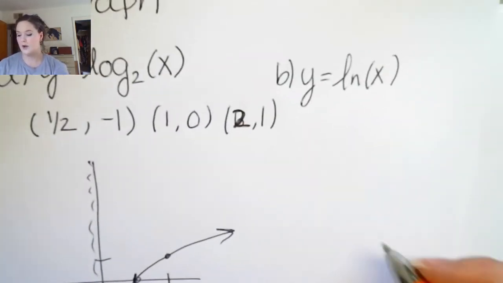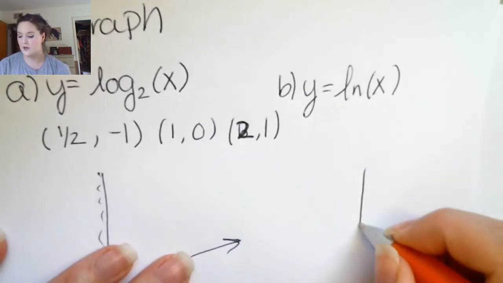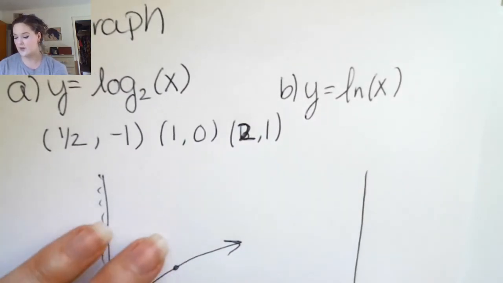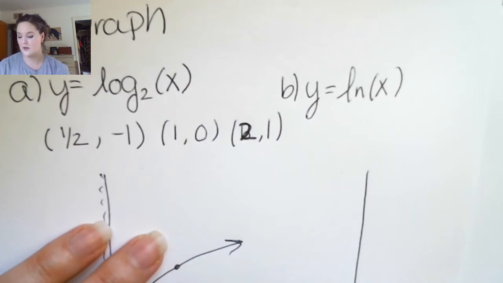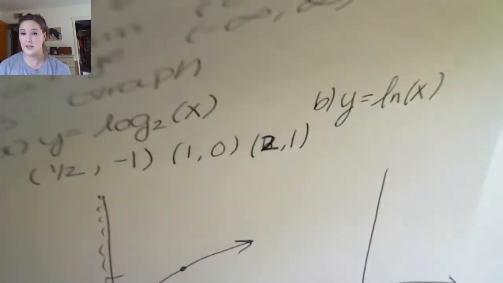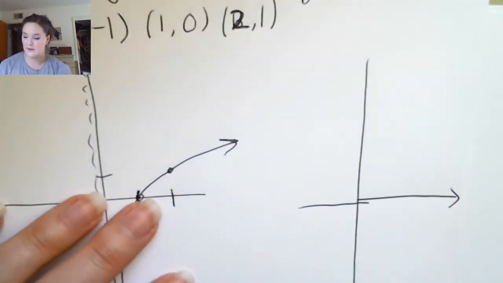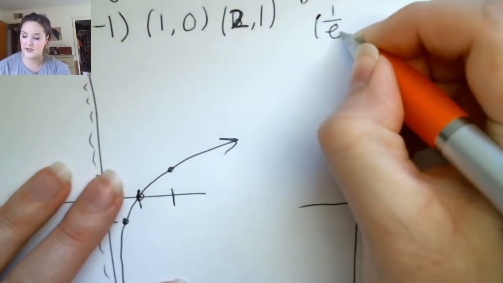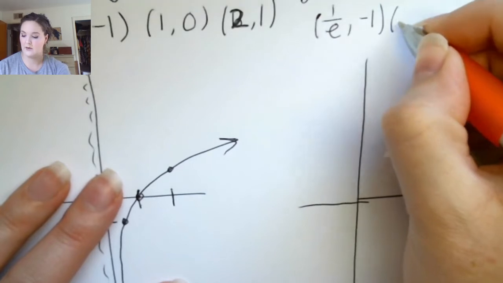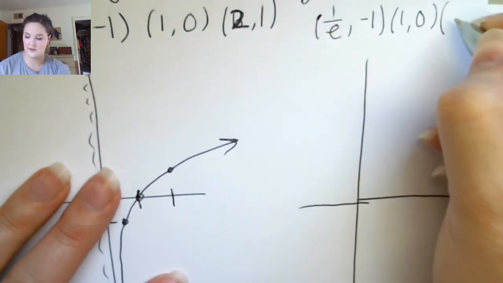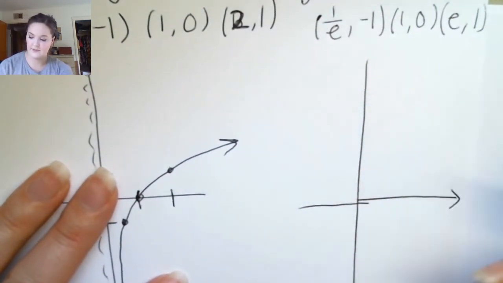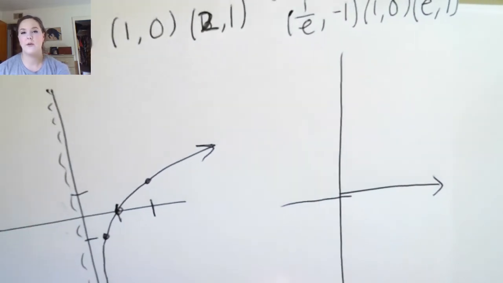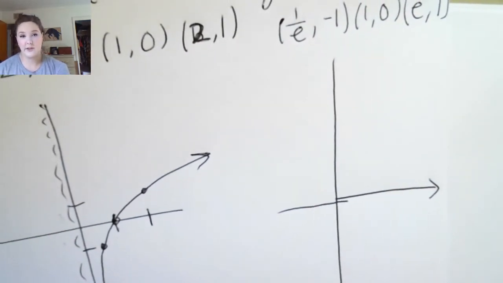Now I wanted to show the base graph for natural log because for some reason, even though it's very similar, people get confused about what the e base is going to do. So remember, the key points are still going to be 1 over e, negative 1, then 1, 0, and e, 1. Now e is like 2.7.